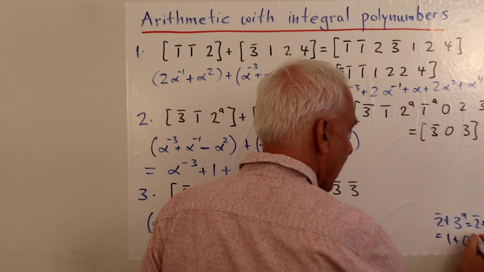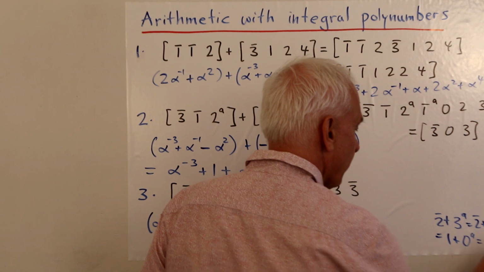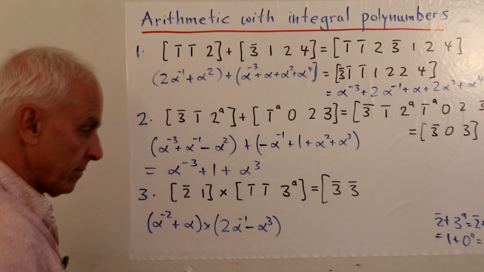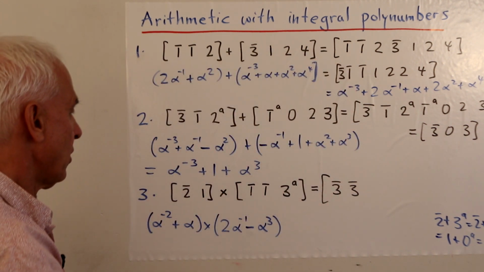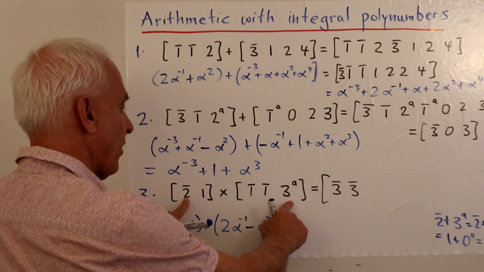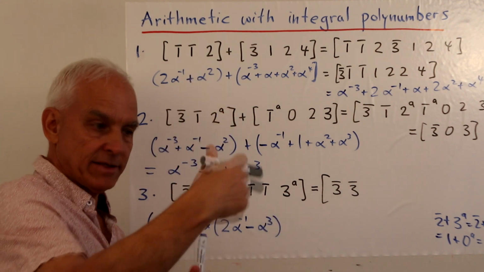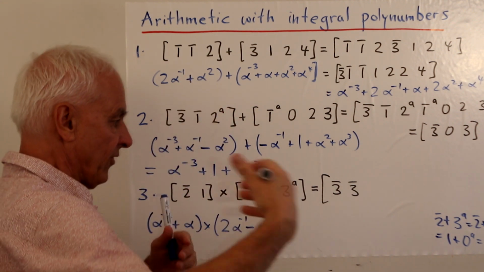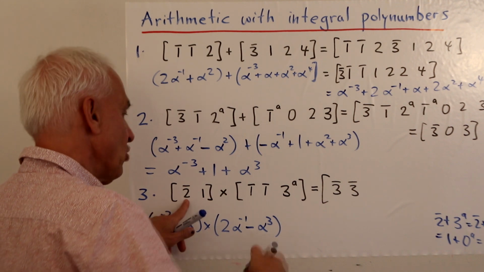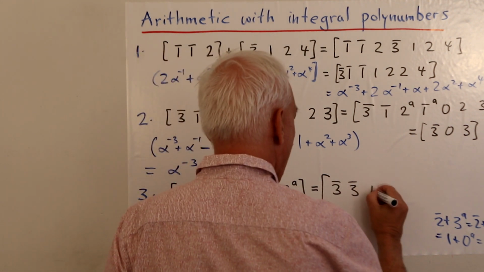So we get 1 plus ante 0, which is 1 ante. That was this 2 bar plus 3 ante. Again, an odd number of antes gives us an ante. But otherwise it's like 2 bar plus 3, so it's like 1. So we're getting 1 ante.